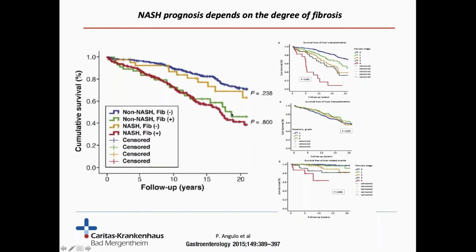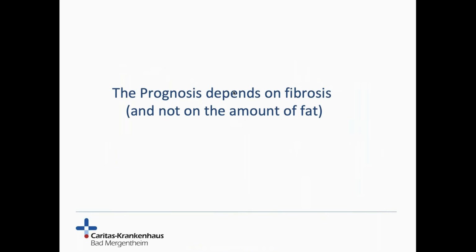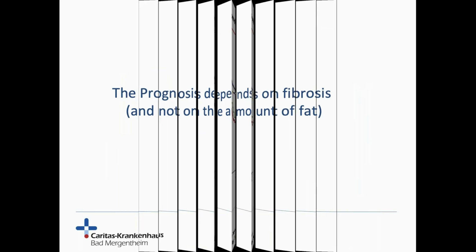Here you can nicely depict those signs with fibrosis, red and green, as the distinctive factor between the amount of fat. So the amount of fibrosis is the distinctive prognostic factor. Coming back, the prognosis depends on fibrosis.